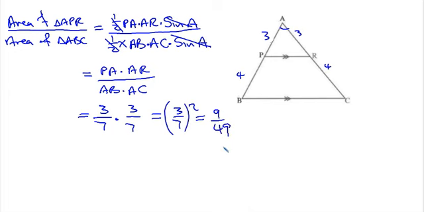So you see that the ratio of the areas is equal to the ratios of the corresponding sides squared. The ratio of the corresponding sides is 3 over 7, but because we are talking about the ratios of the areas, then we square the ratios of the corresponding sides. That is equal to 9 over 49.